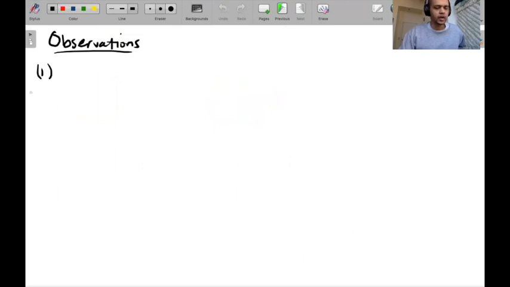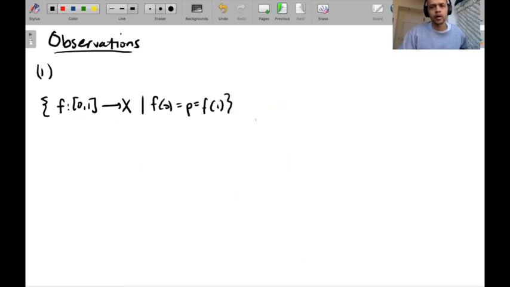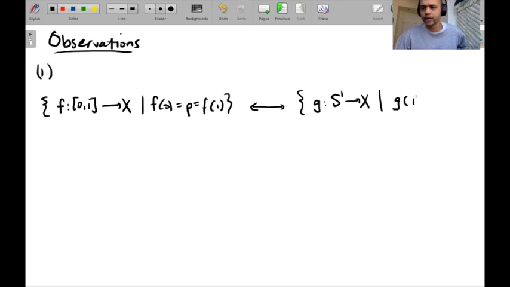So there's a bijection between maps like this, as I wrote before, and maps g from the circle into X with the property that g sends a base point, let's say 1, to P. Here I'm thinking of the circle as the unit circle in the complex numbers, so that 1 is a point there.